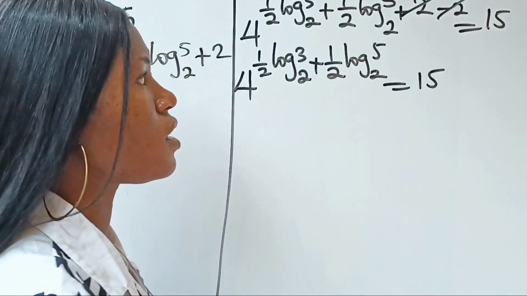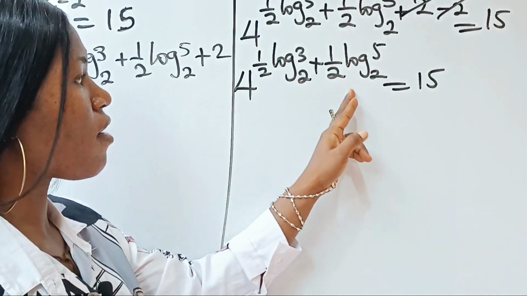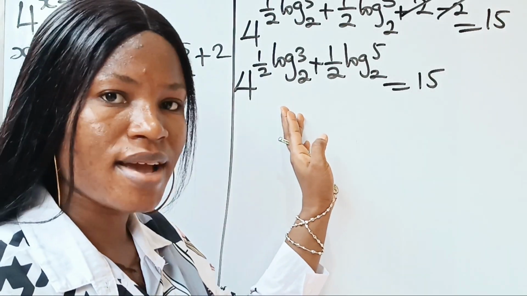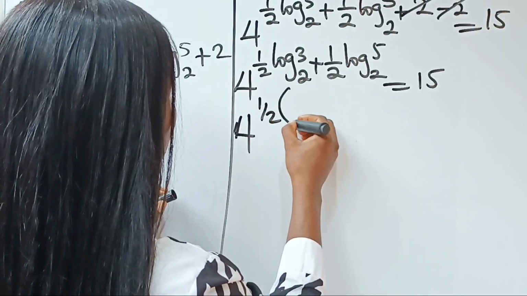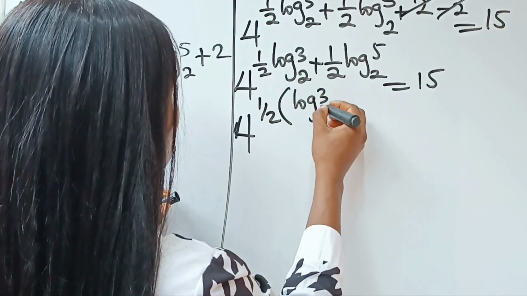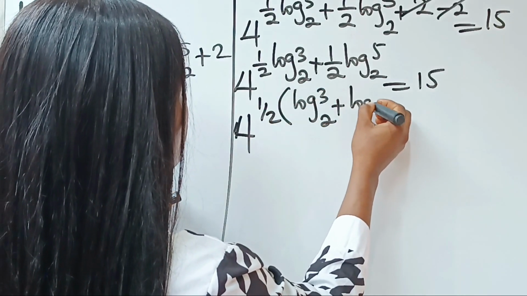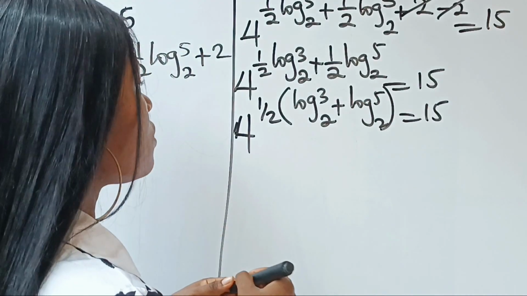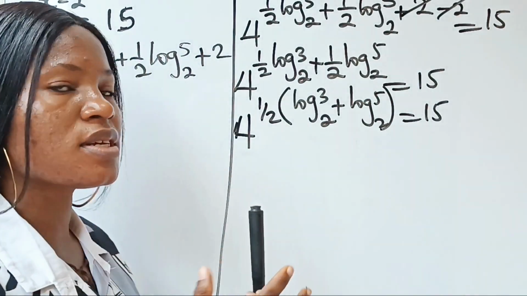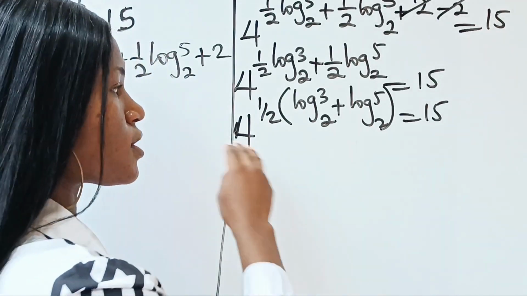Now when you look at this, notice that they have half and half in common, so we can bring it out. So we have 4 to the power of half bracket log 3 base 2 plus log 5 base 2 is equal to 15. Now 4 can be written as 2 squared. I'm trying to simplify this.